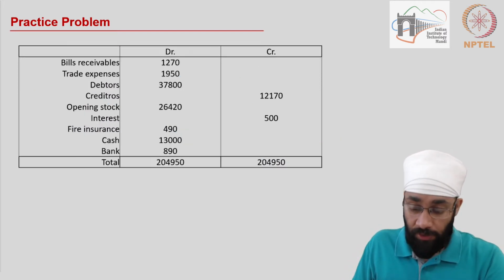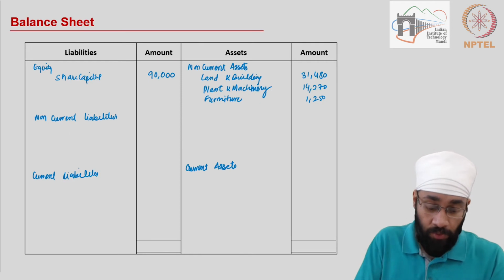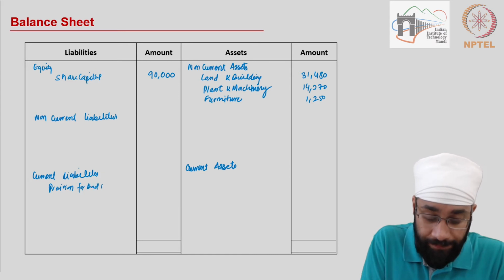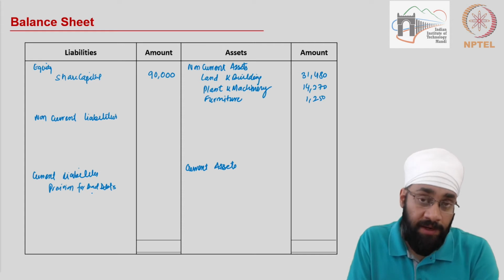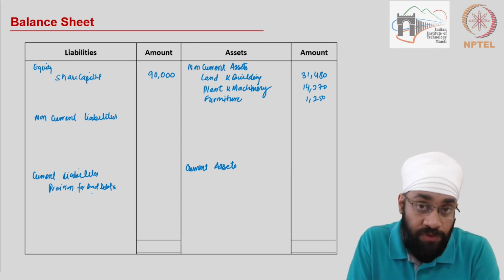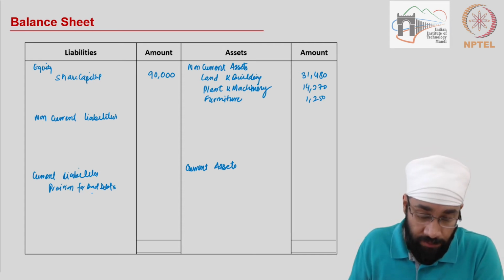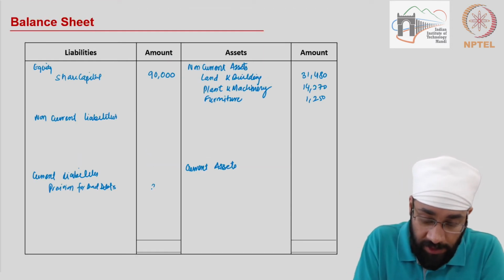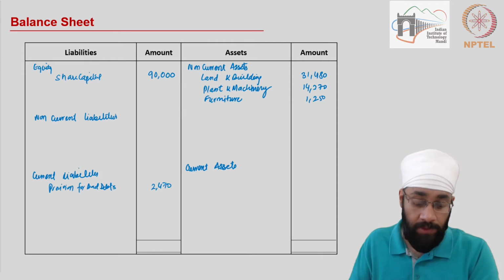So bad debt provision 2470 is going to go to current liabilities. So provision for bad debt. Actually, under the current liabilities head, you have current liabilities and provisions, two subheads. So provision for bad debts is shown here. So 2470 is the amount.